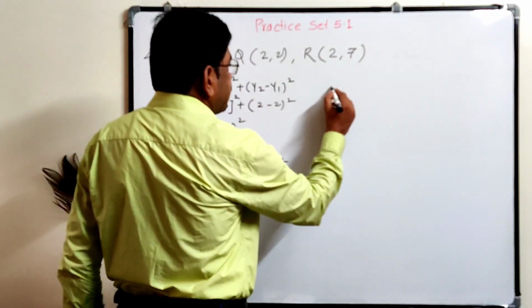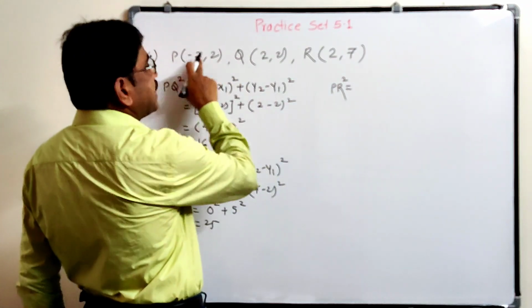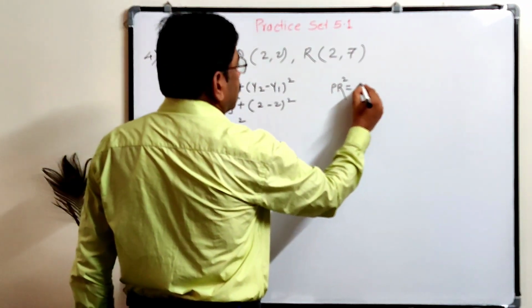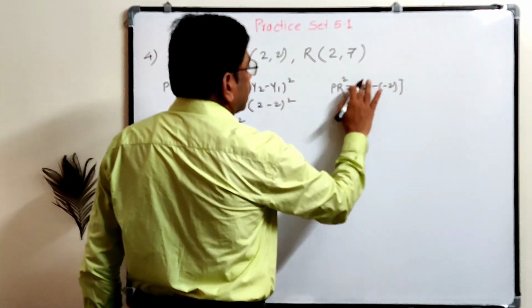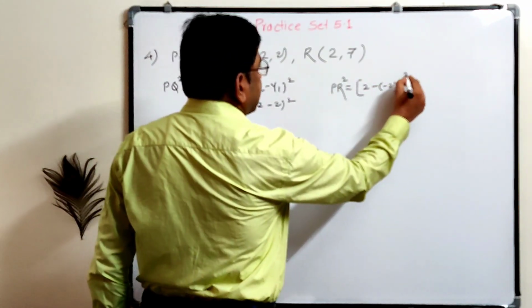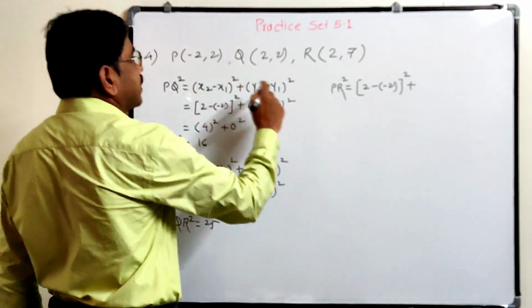Third distance is PR square. Here it is P, here it is R. So 2 minus (-2) bracket square plus 7 minus 2 bracket square.